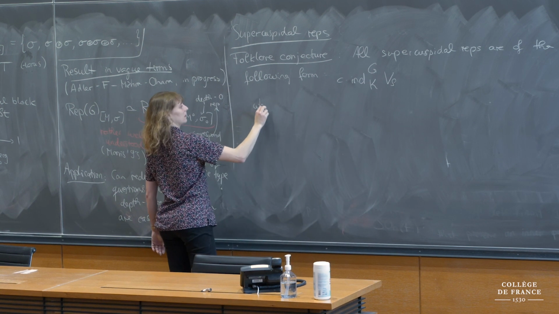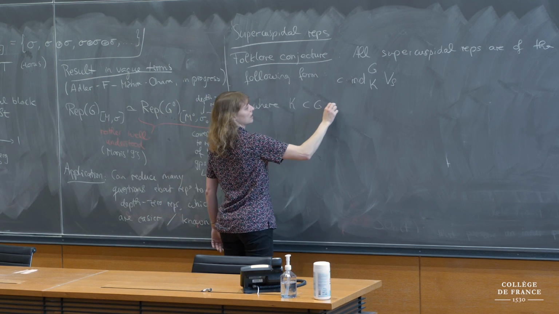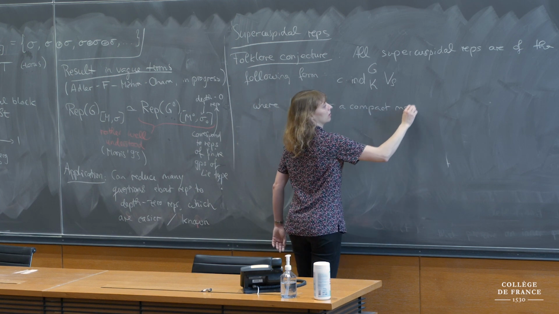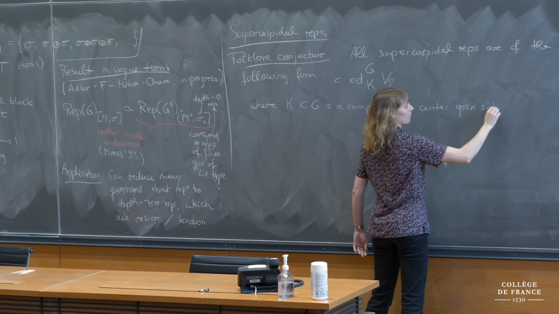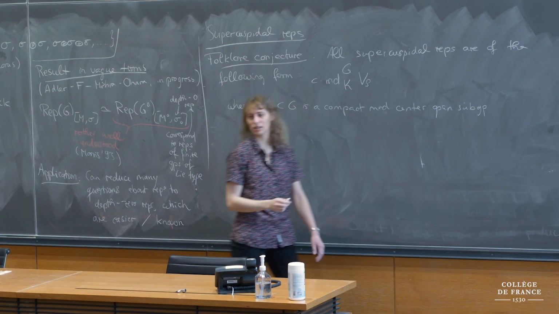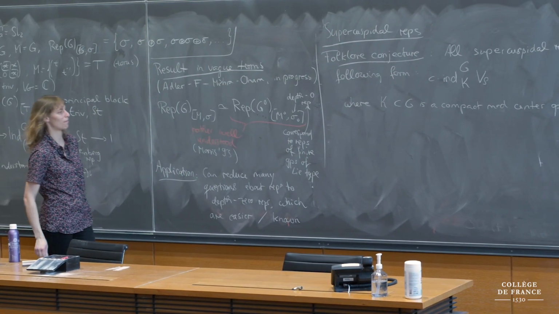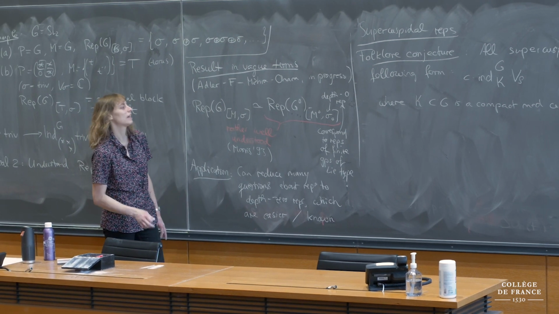So where K inside G is a compact mod center open subgroup. Compact mod center open subgroup. So it always has to include the center, and if you mod out by the center, it's compact. So the center is just something annoying in the way.